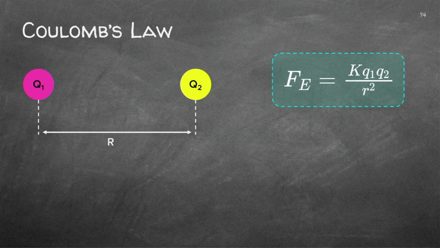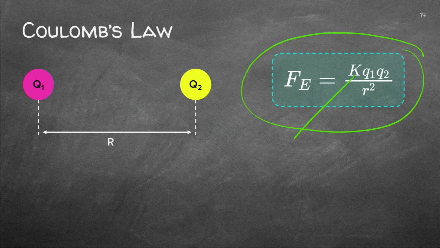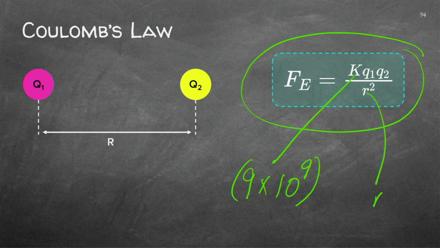Right, we are going to do a few examples in the next lesson, but just have this equation correctly copied with the value of k, 9 times 10 to the power of 9, and remember your r in meters and your Q in coulomb, and then your answer will be in newton.